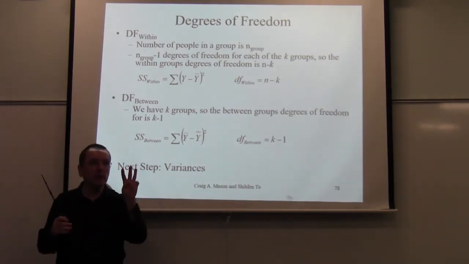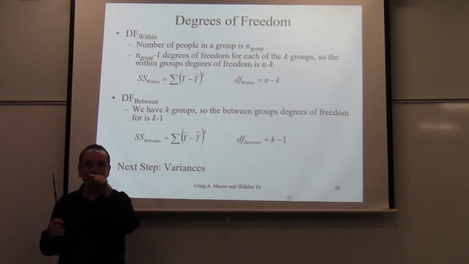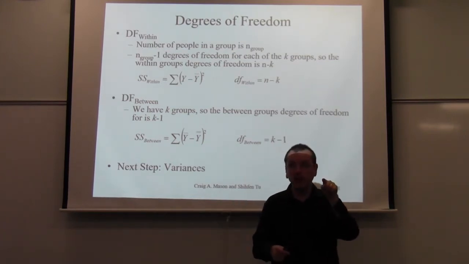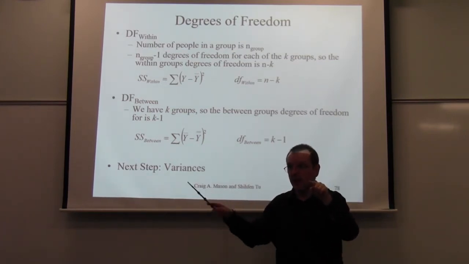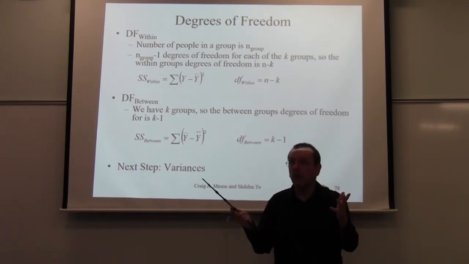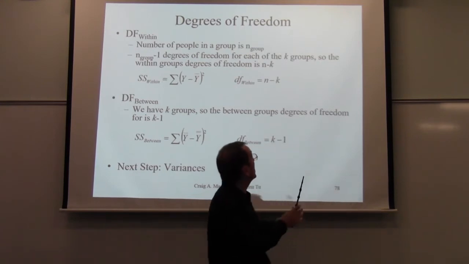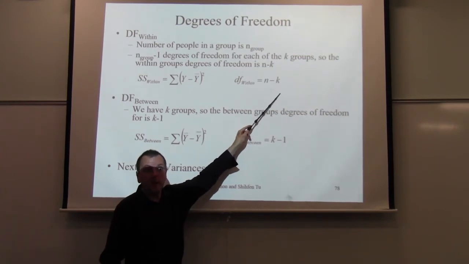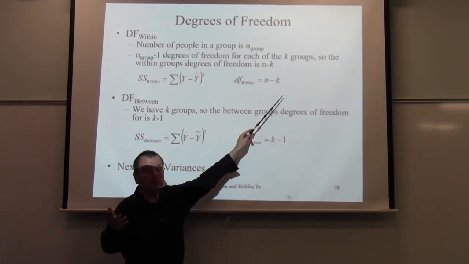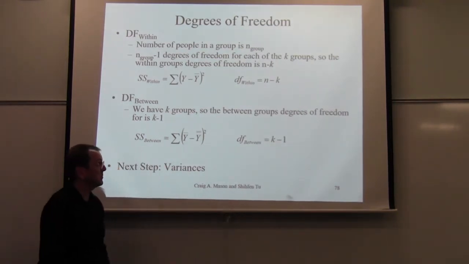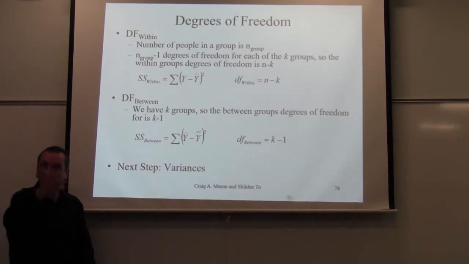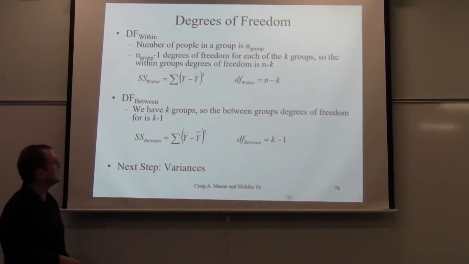If I've got 3 groups, and I have an n for one group minus 1, an n for the other group minus 1, an n for the third group minus 1, it's the total n minus 1, 2, 3, the number of groups I have. So the within group degrees of freedom is n minus k, where k is the number of groups. It intuitively makes sense, just like any variance.